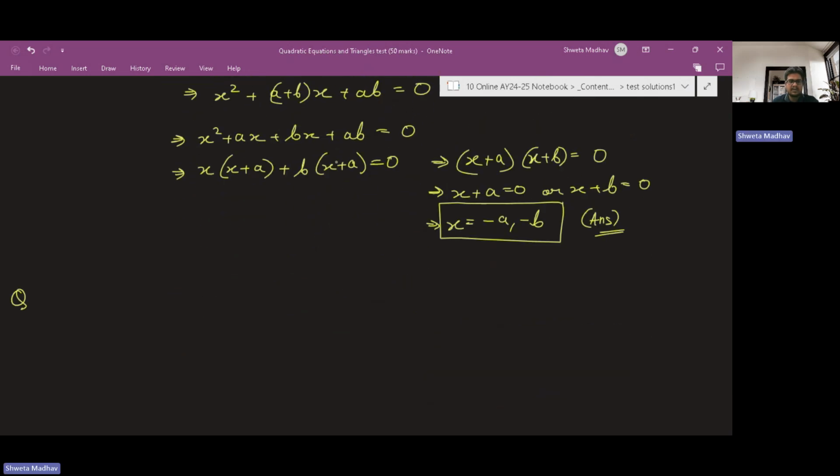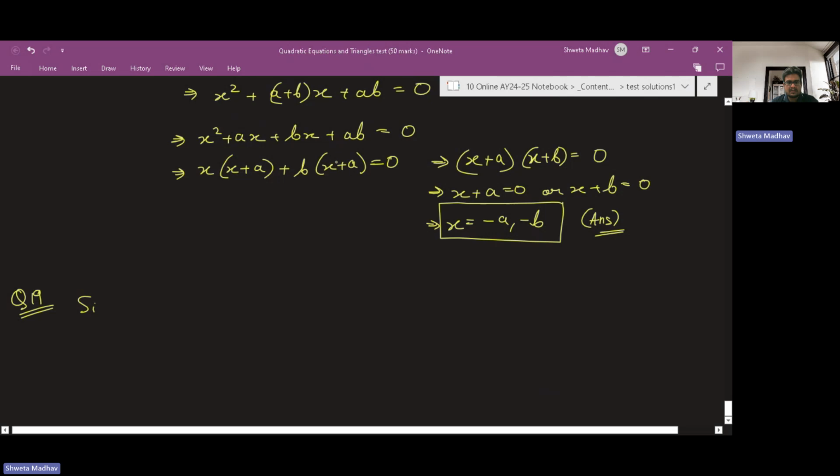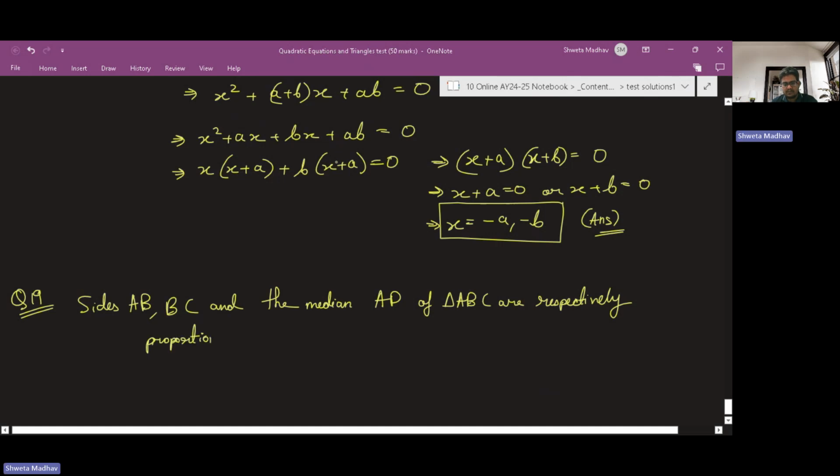Then question number 19. It has been told the sides AB, BC and the median AD of triangle ABC are respectively proportional to the sides PQ, QR and the median PM of another triangle PQR.